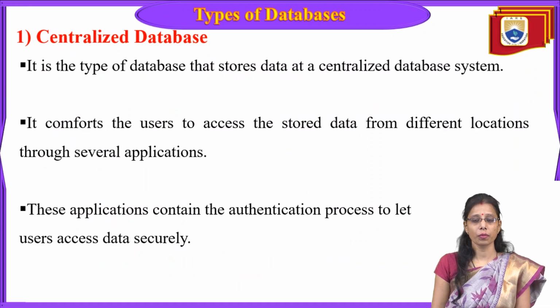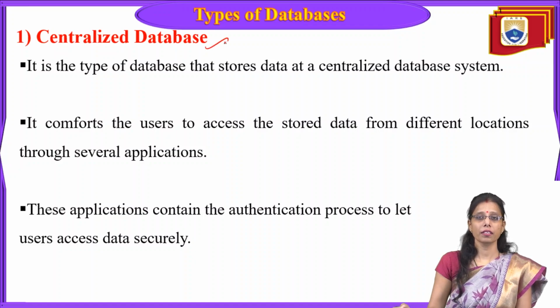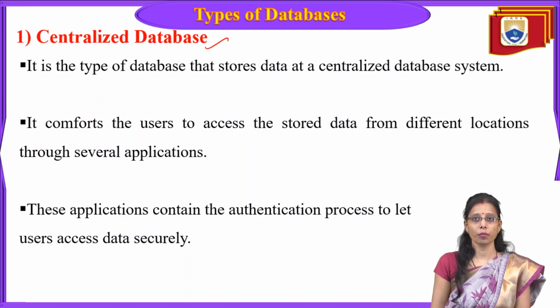A database is for storing information, and further it is accessed from different locations. When we talk about the centralized database, it is a type of database that stores the data at a centralized database system. It's like a common server where the data will be saved, and from there it is distributed to the other sources.